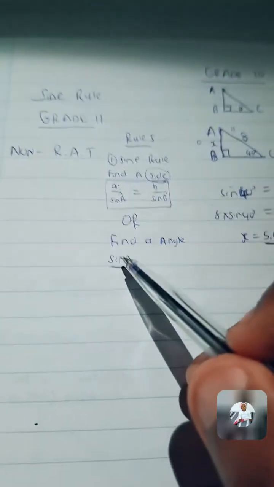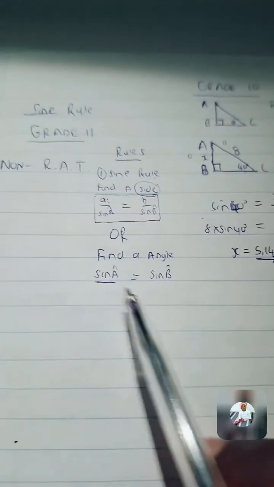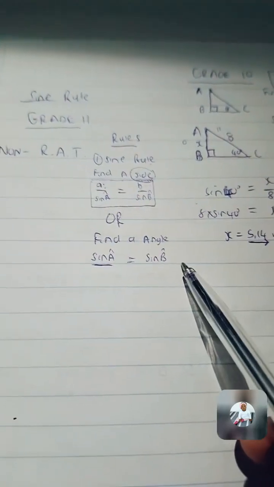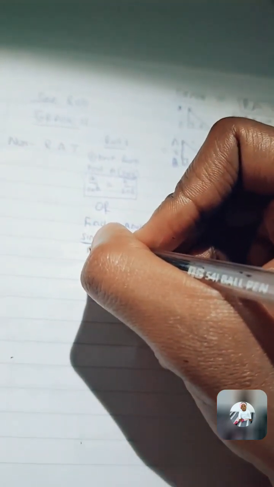Or if you want to find an angle, all you do is that when you write the formula, you must make sure that you write the angles at the top. This convention makes it easy for when you are solving. So the angle is at the top, and the side is at the bottom.